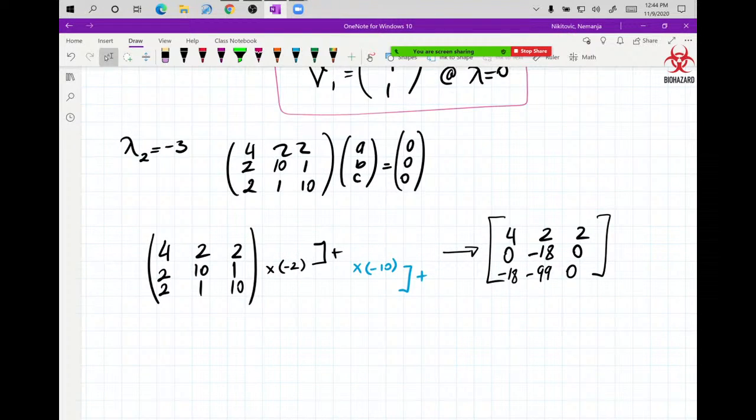So times -2. -4, -20. Something might be off again, because I'm not getting a row of zeros.